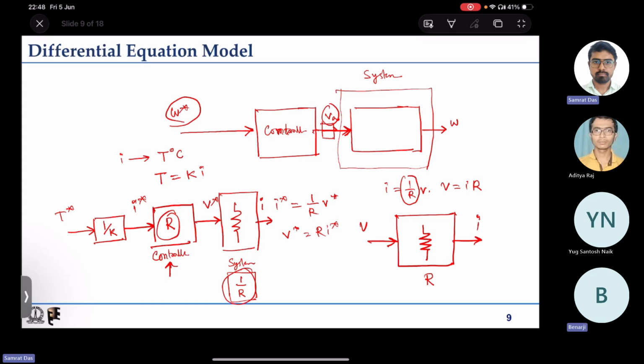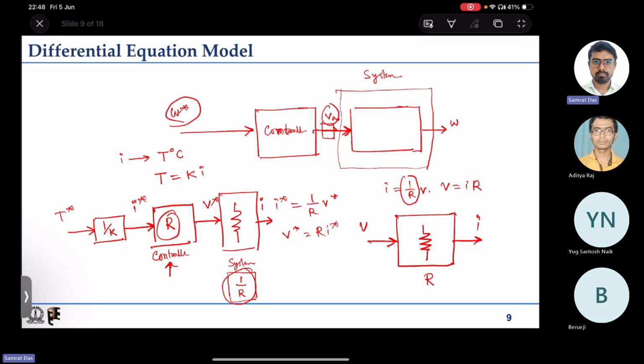Sir, is it clear? But if in my system I have V such that it is less than V star, I cannot reach. The maximum V I can apply is only, suppose, 90% of V star, then the system cannot reach.